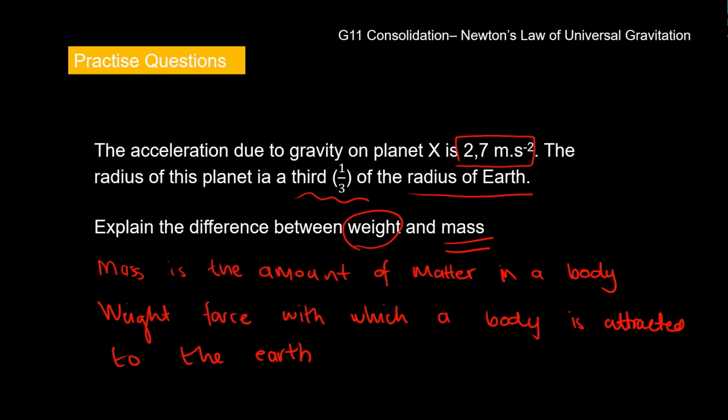It's a big difference because we now have gravitational acceleration involved in that. And so this is the formula for it, which you've seen before. So the mass of the body times gravitational acceleration on Earth, which is 9.8 meters per second squared. And of course your weight would change if you're on the moon or if you're on a different planet.